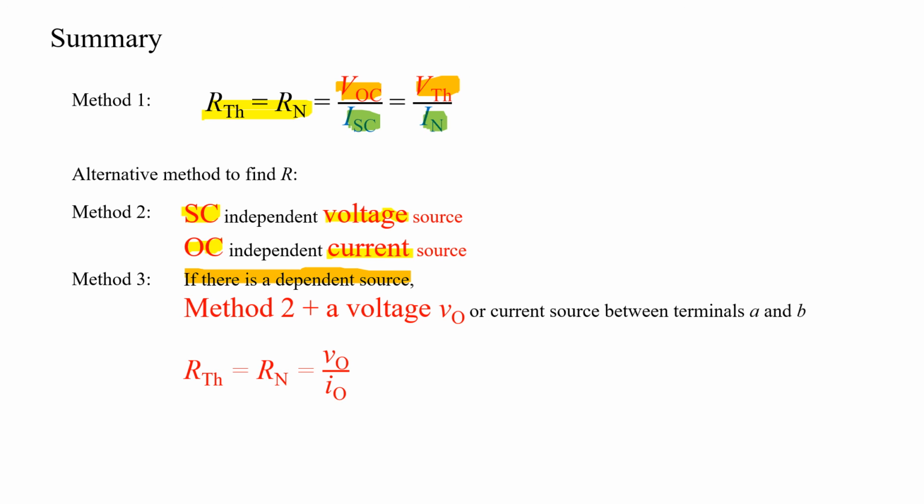This leads to method 3. We need to do what we did in method 2 and also add a voltage VO at terminals A and B. And then we divide VO by IO to get the Thevenin and Norton resistance.